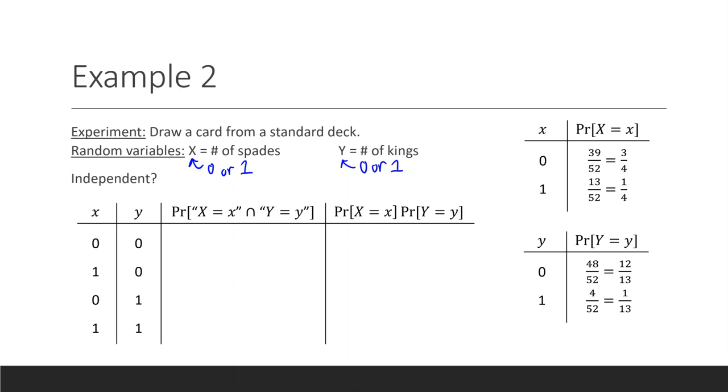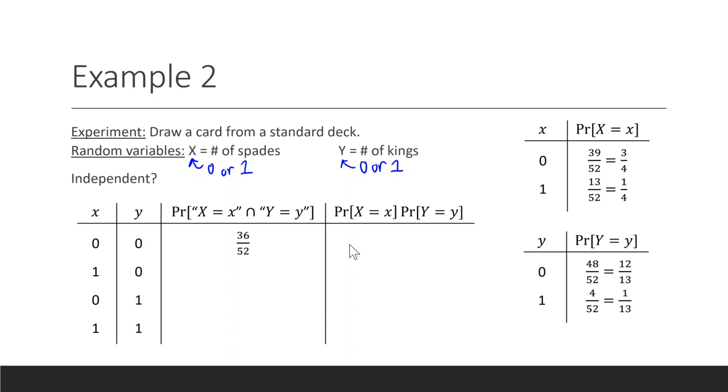Well, the probability of getting x equals 0 and y equals 0, so that means the probability that we have neither a spade nor a king. There are 36 cards which are neither spades nor kings out of a total of 52, so we have a 36 out of 52 chance.